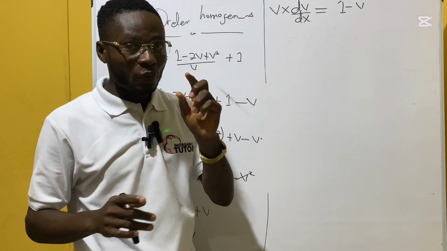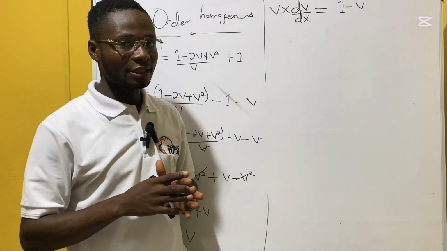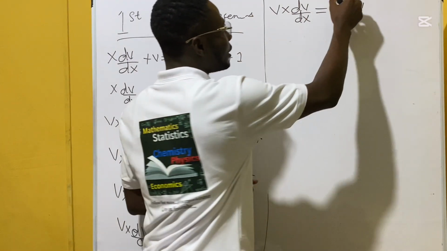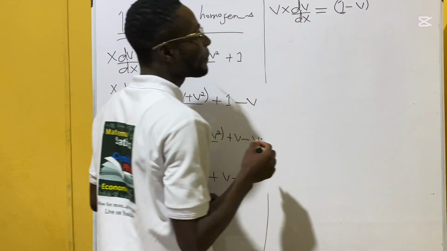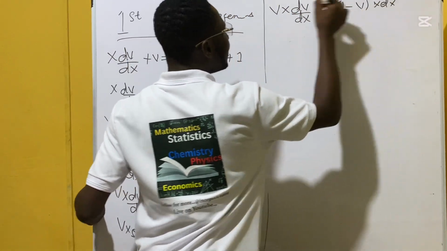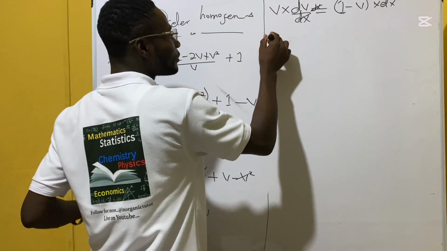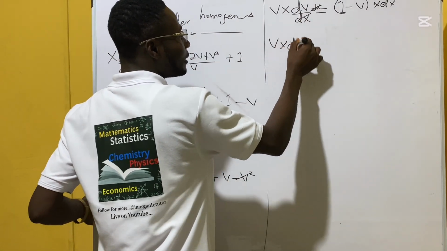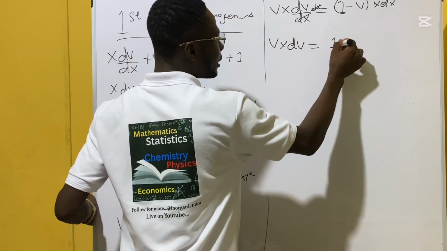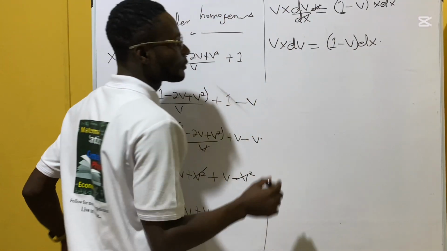Now we have only two variables, so we can separate them so easily. Okay, so we multiply here by the x, here by the x. So this takes off this, and we have vx dv is equal to 1 minus v dx, right?